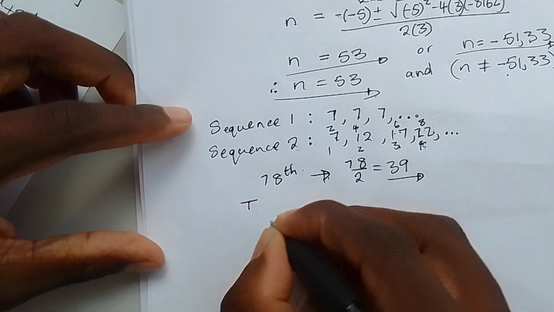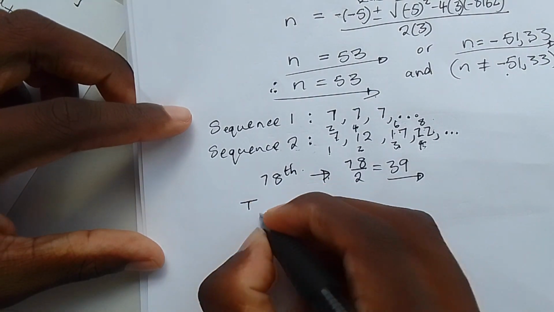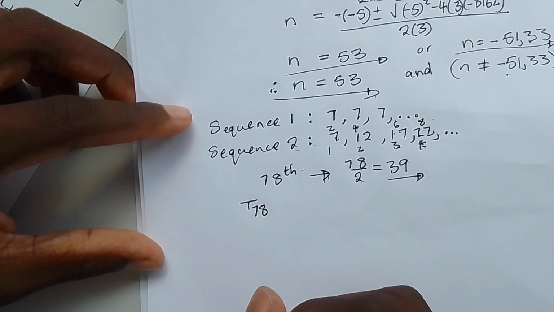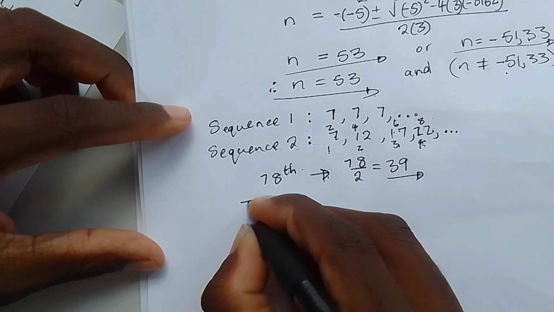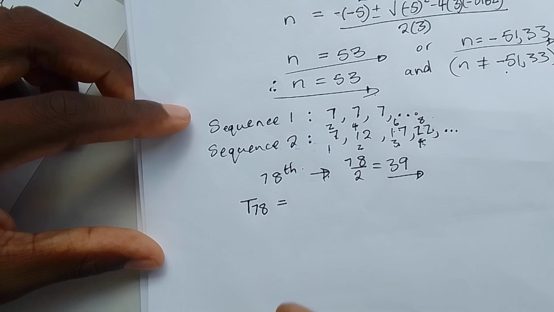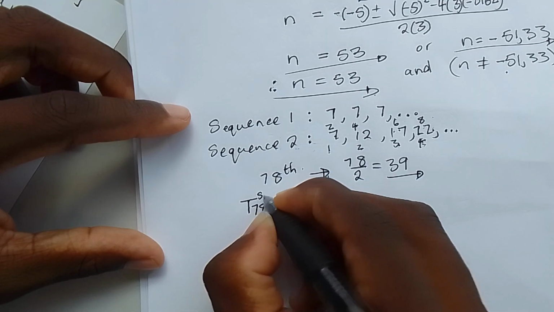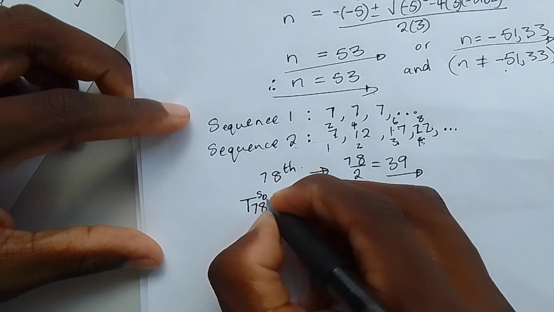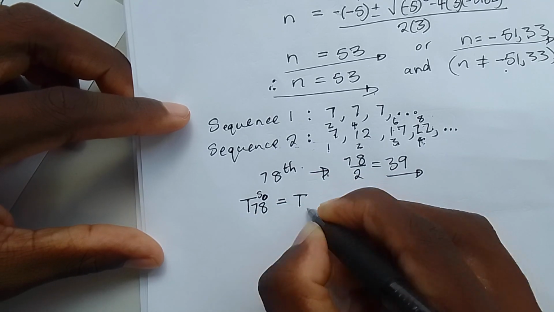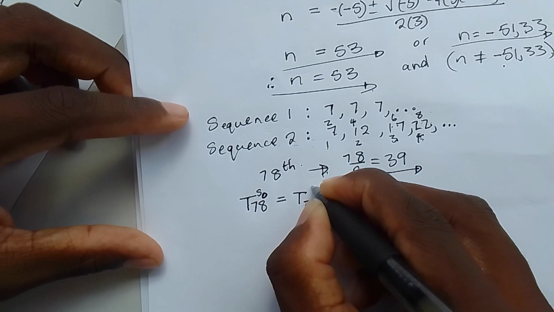So term number 78 of the original sequence should be equal to term number 39 of sequence 2.